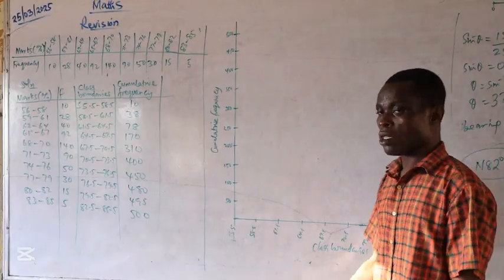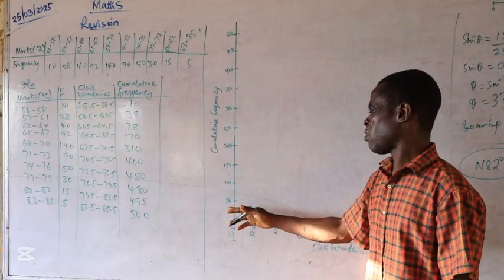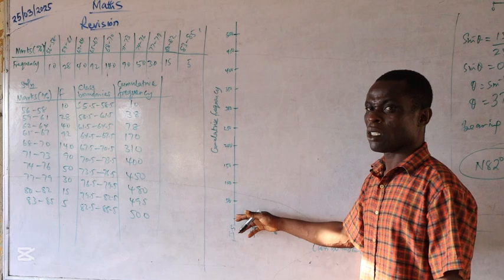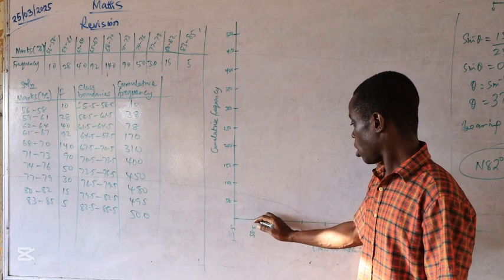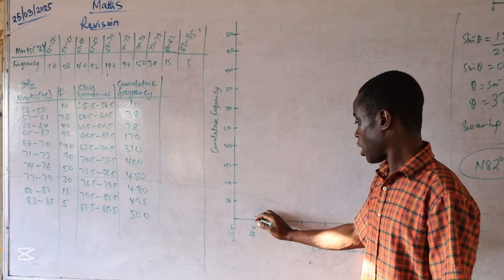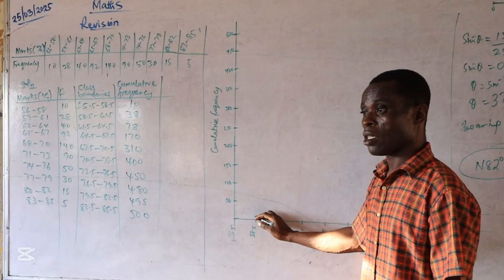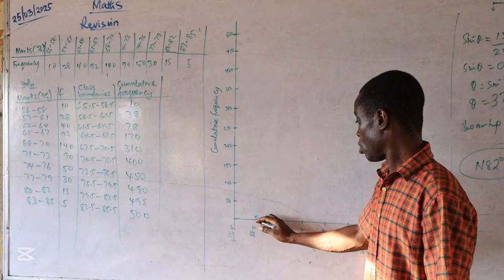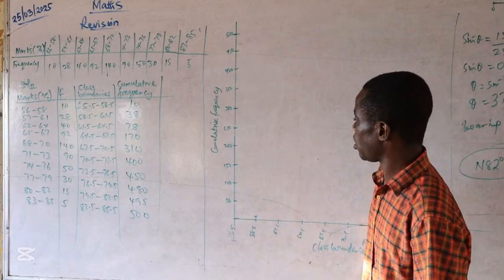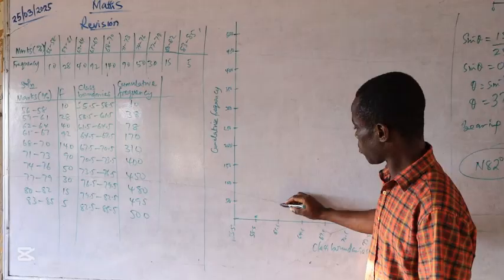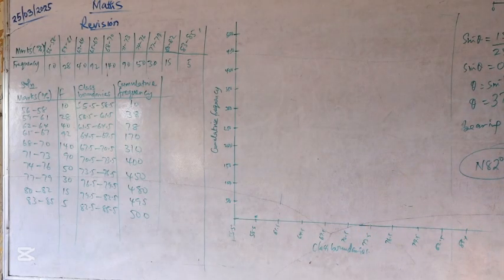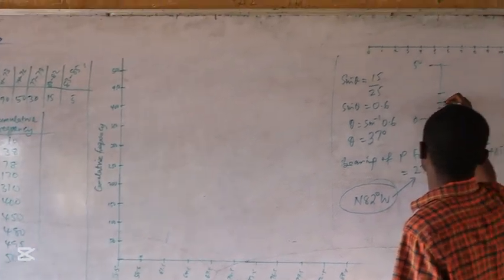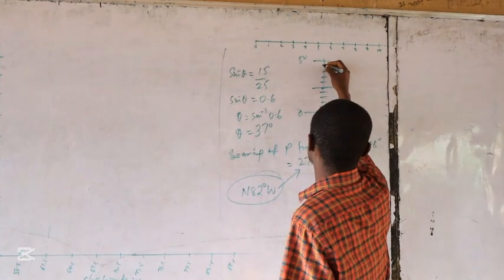The first plot is 10. With this scale now, we have 10 lines. 50 divided by 10, that's 5. One line is 5. So the first is 10. The next one is 38. If you have 38, and you know that one line is 10, we have 1, 2, 3, 4, 5.